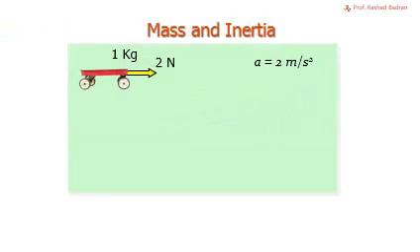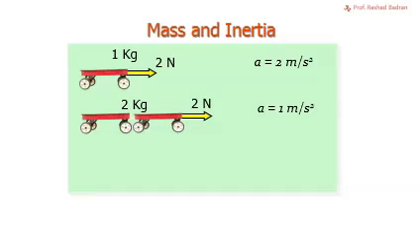We know that the mass is a measure of inertia. To understand the inertia, we're going to take 3 cases in here where the force acting in the 3 different experiments is the same force of 2 Newton.